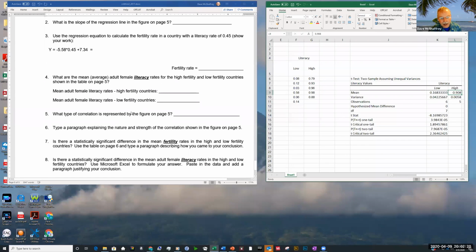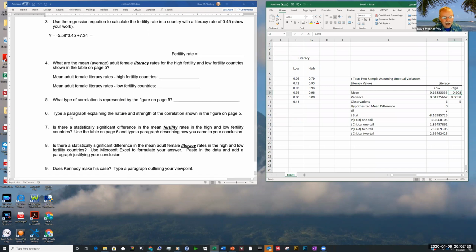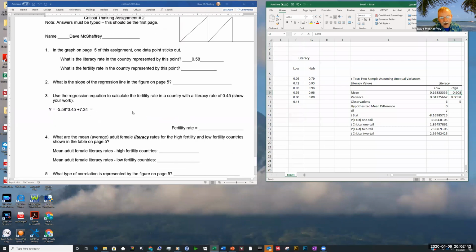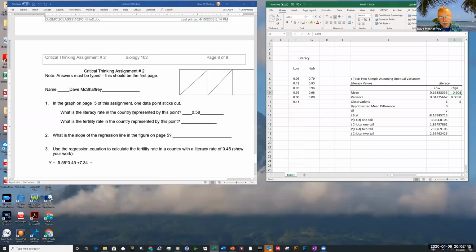What type of correlation is represented by the figure on page 5? Well, that's where you need to look at that. Is it positive or negative correlation? I'll leave that up to you. Then in here, I want you to type a paragraph explaining the nature and strength of the correlation. So this is where you'd say if it's positive or negative, you would talk about how steep the slope is and use the actual numbers.